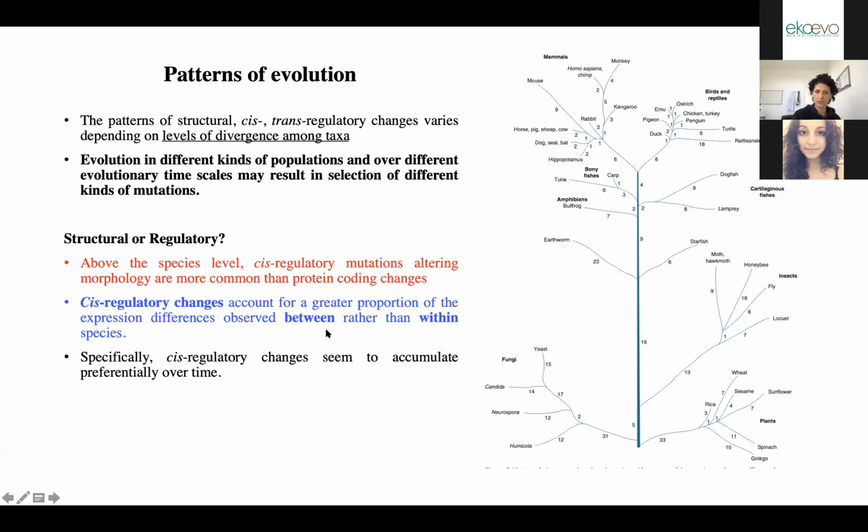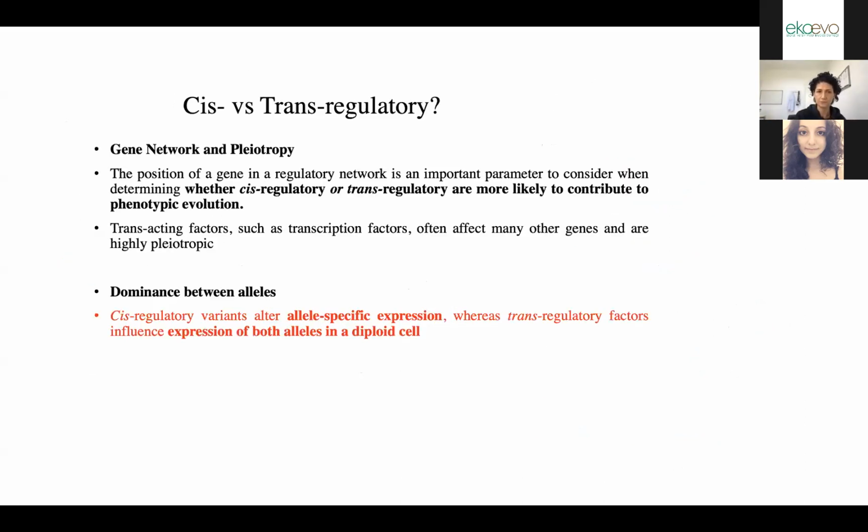So this kind of mutation, cis-regulatory mutation, accumulates over time, so it has more effect at levels above the species, like genus, family, and others.